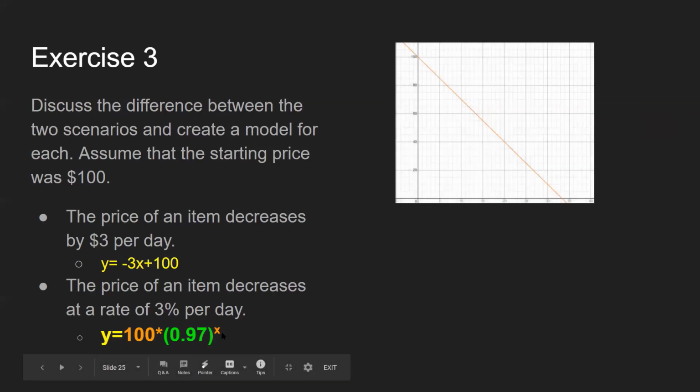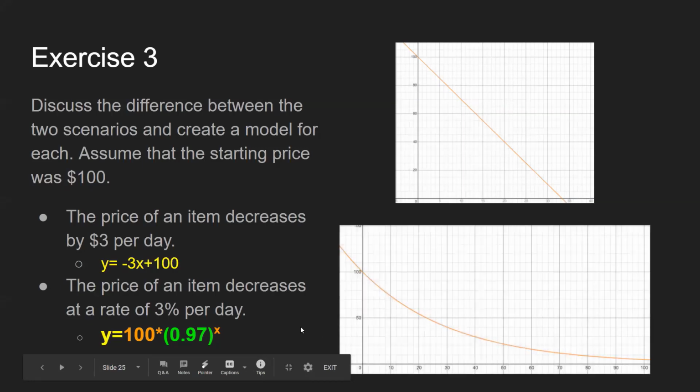So earlier I talked about this. If the base is less than 1, then you're going to have exponential decay. This decays at a faster rate than linear. So linear would be a slope here of -3, whereas exponential decay is a transformation of exponential growth.